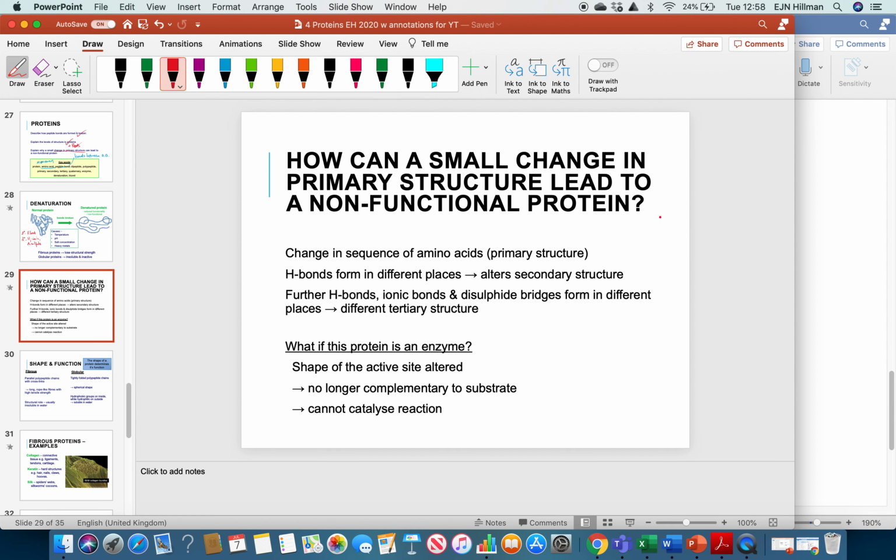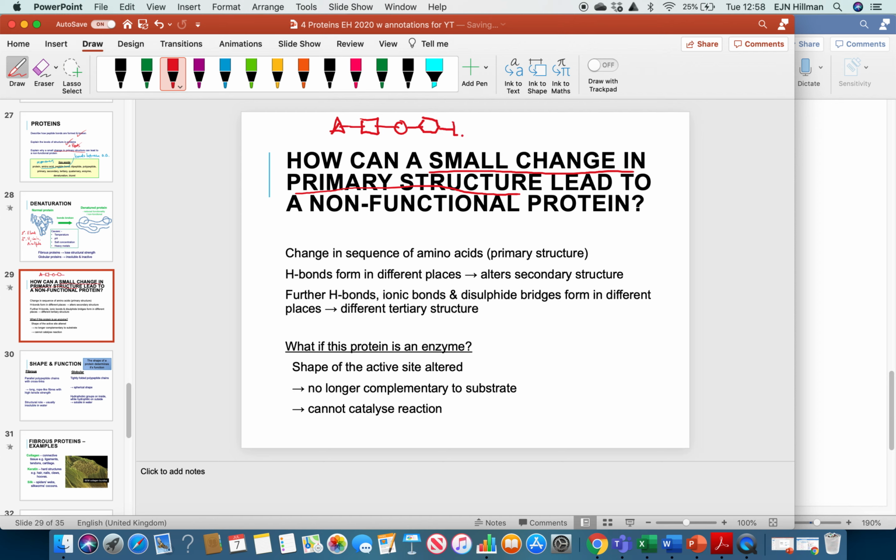Okay, so a change in the primary structure. What do we mean by that? Well, obviously, the primary structure is the sequence of amino acids in the chain joined by those peptide bonds.